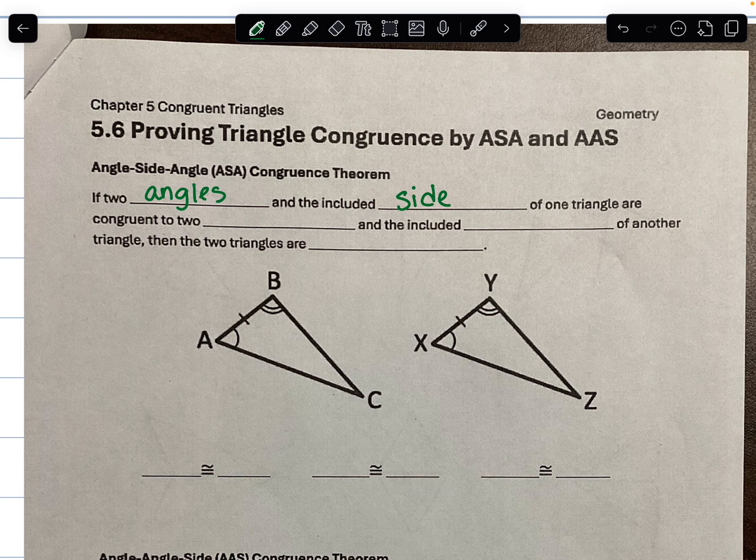So if two angles and the included side of one triangle are congruent to two angles and the included side of another triangle, then we know the two triangles are congruent. Right, so just as our reminder, AB is our included side.